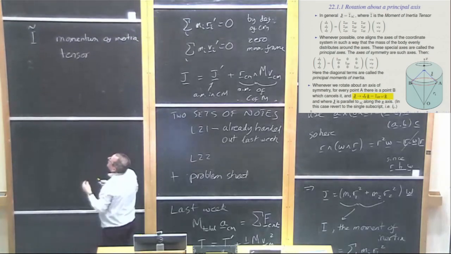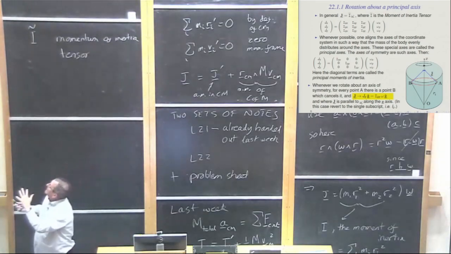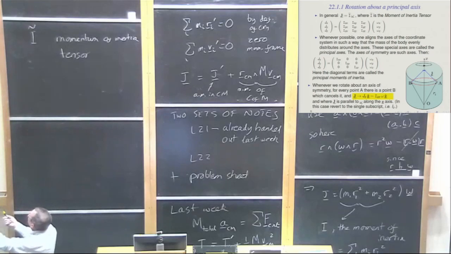Okay. So this is just to tell you about this greater truth, this more complicated and complete vision of how moments of inertia work. But from now on, and I think it's true to say in prelims questions, we will just be dealing with what we call the principal moments of inertia, which are one of these three quantities.